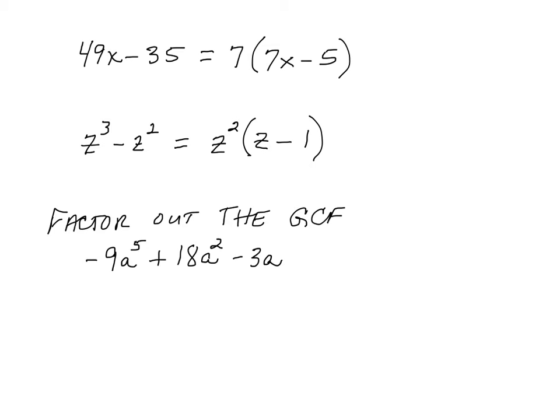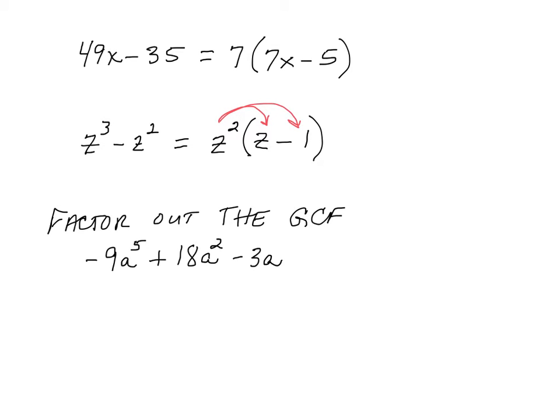You have to divide it out, but you have to place the minus 1 there, because ultimately it has to work when you go back and distribute to check it. z squared times z is z to the third. z squared times minus 1 is minus z squared. So you have to be very, very careful with that 1.